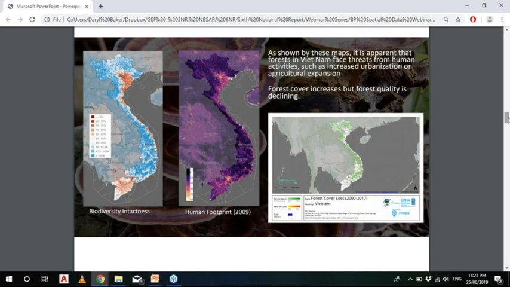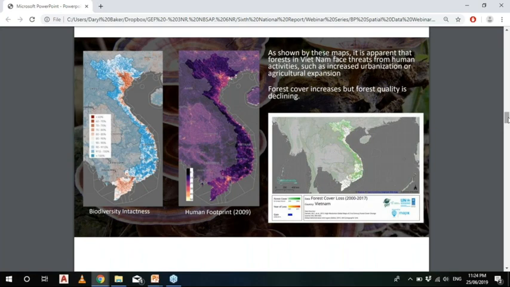We also use the maps to analyze what the forest cover increase means, and what it means for the threats of human activities to the forest.